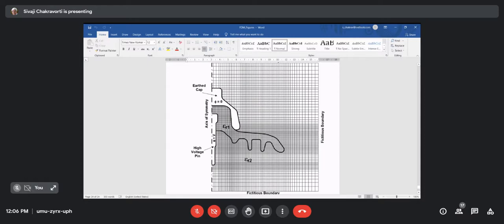But then look at this dark black line, that is the insulator boundary. And at this boundary, one side is porcelain, epsilon R1, the other side is air, epsilon R2. So the first one is where one line is terminated on the electrode.